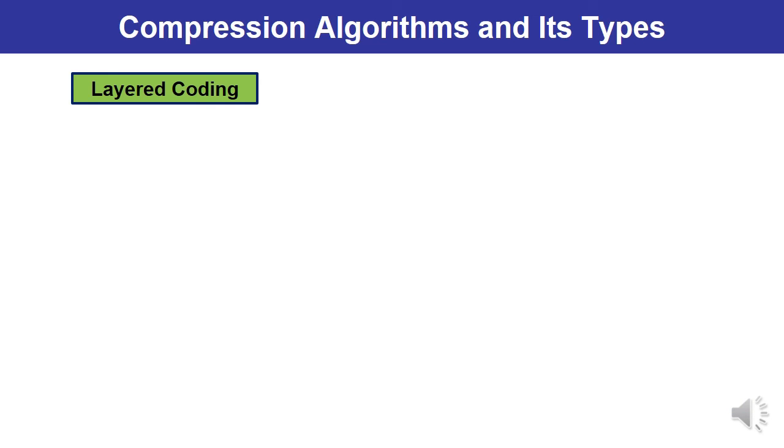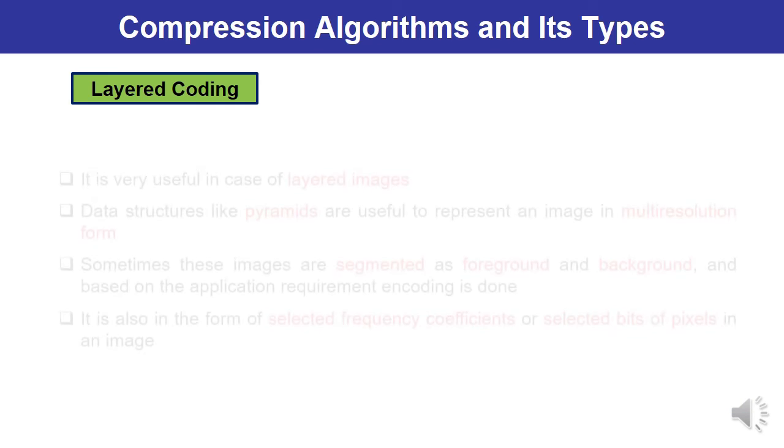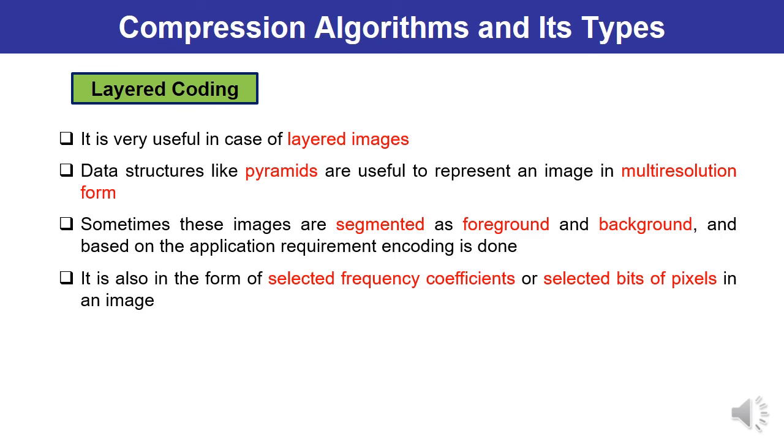Next is the layered coding. Layered coding is very useful in the case of layered images. Sometimes the image is represented in the form of layers. Data structures like pyramids are useful to represent an image in multi-resolution form. The layers of the pyramid would be sent depending upon the application, and sometimes images are segmented as foreground and background, and coding can be done based on the application requirement.